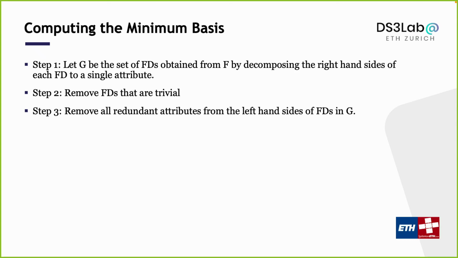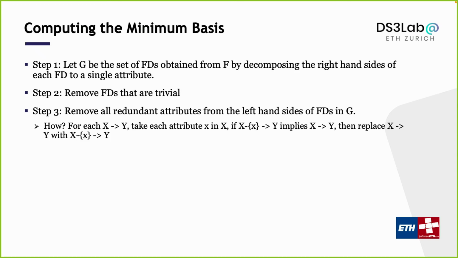And then you remove all redundant attributes from the left-hand side of the functional dependencies that you do not need. Okay? So how to do that? If I have a functional dependency X to Y, you take each attribute small x in X, you remove that, and you see whether you can still imply X to Y. If you are able to do it, it means this attribute doesn't need to be there.